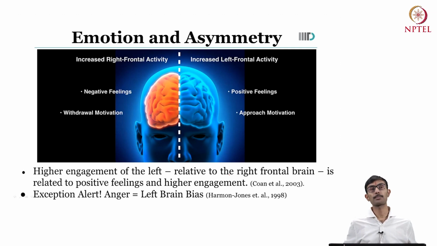But there is one exception to this, which is the case of anger. As we have seen before, even though anger is broadly characterized as a negative feeling, more activity is found in the left frontal cortex of the brain. So this is a single exception.